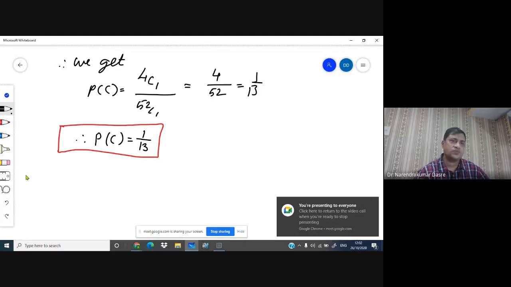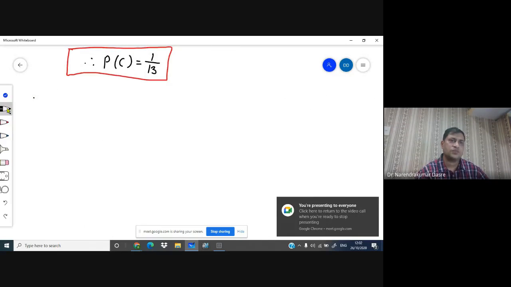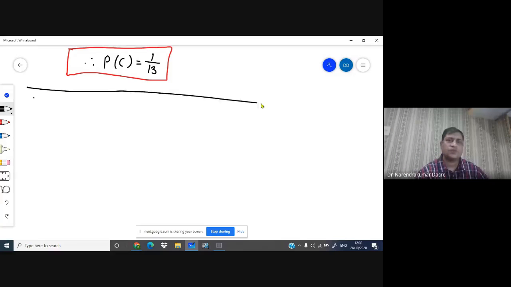But before we go to the conditional probability, let us try to solve one more example. Okay, so we try this example.